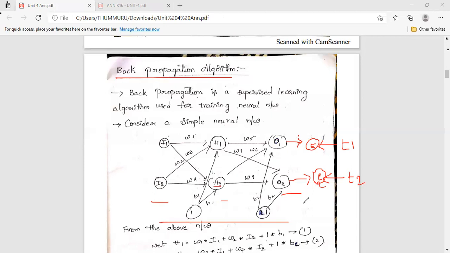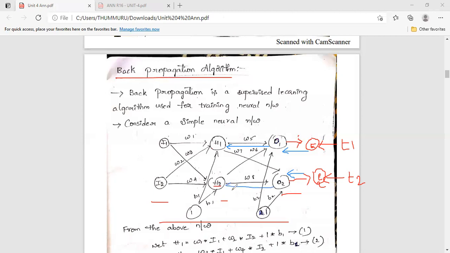So if these two are equal, the problem is not going to be solved, no need to solve further. If these two are not equal, the error rate is more, then you may back propagate through this network like this. While doing the back propagation, here you are going to change the weights of the network.